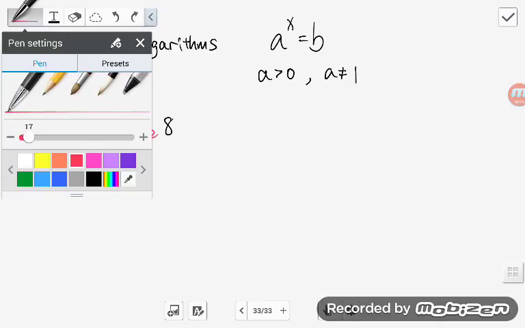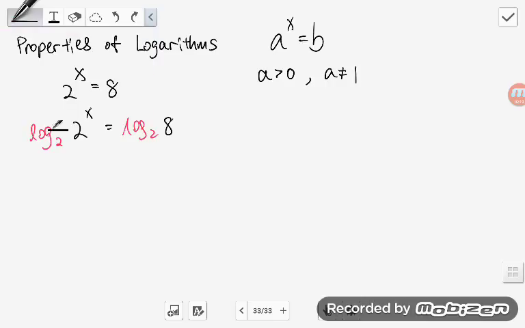And then if I do that, on the left hand side, I only have x. On the right hand side, I'll get 3, which is my exponent. So ultimately, the logarithmic functions can help us to find the exponents.